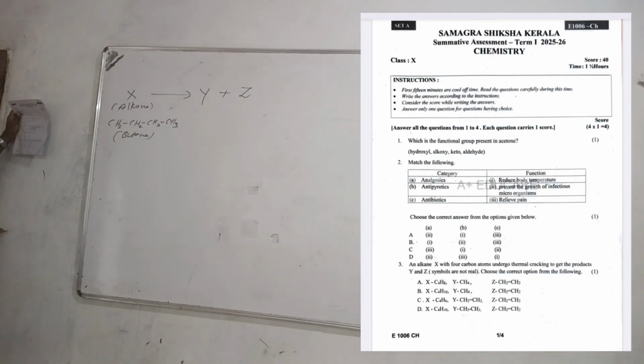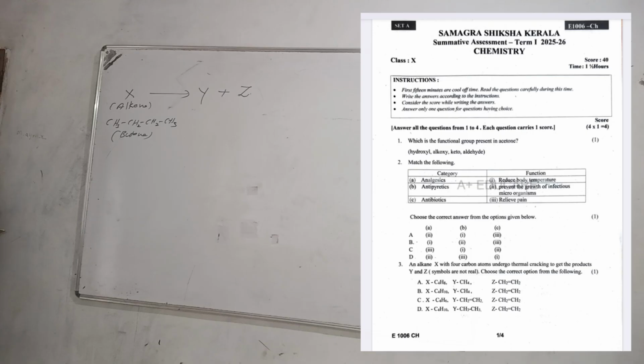An alkane X with 4 carbon atoms undergoes thermal cracking to get the products Y and Z. Choose the correct options from the following. So here, butane. When butane undergoes thermal cracking, given in the textbook page number 39, you get propene and methane.